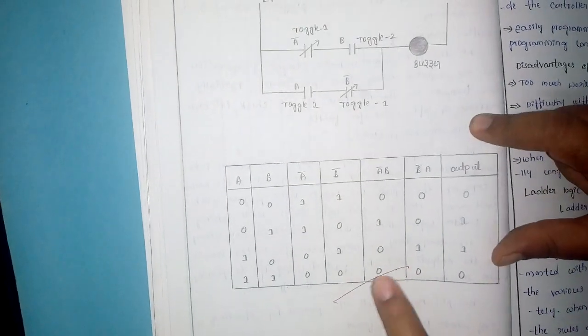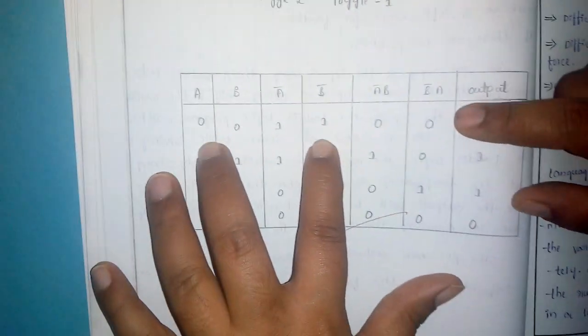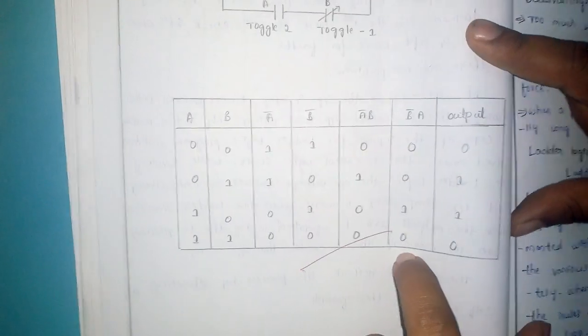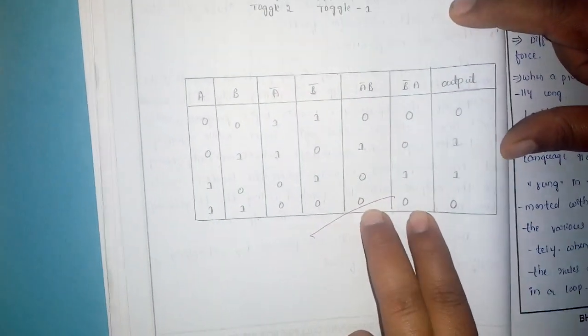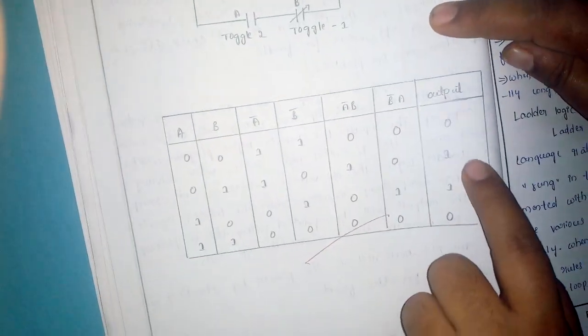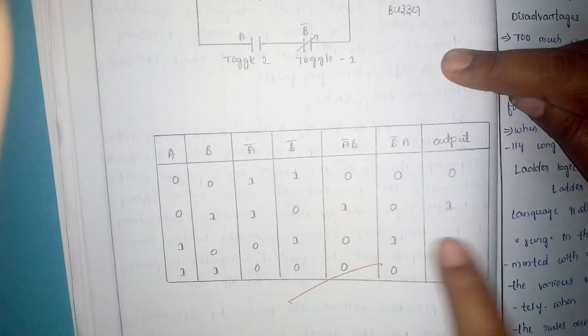It is an AND operation. So here we have another AND operation. B bar A: 0 1 0 0 0 0, 1 1 will be 1, and for 1 0 it will be 0, and this is an OR operation, either this or this, if any one is on, we are going to get the output on. So for 0 0 it is 0, 1 0 1, 0 1 1 and 0 0 1.